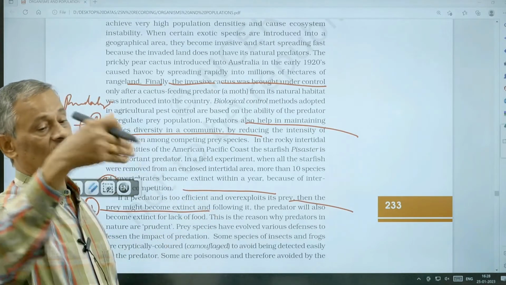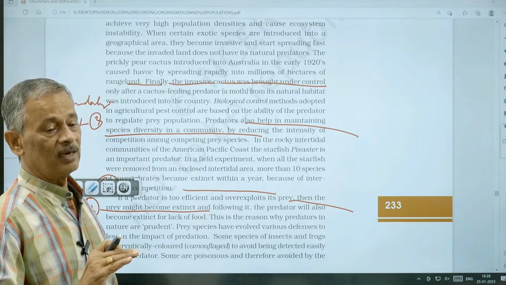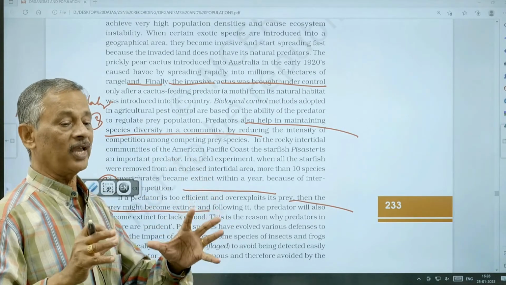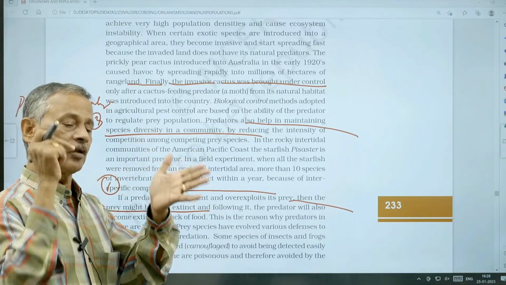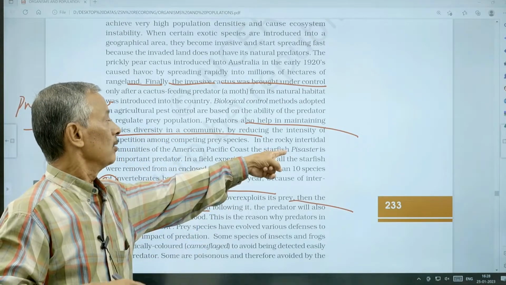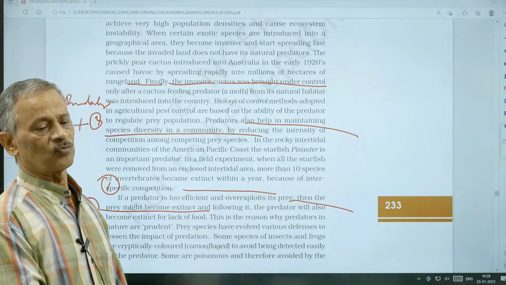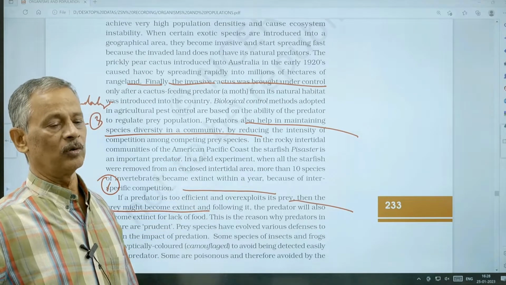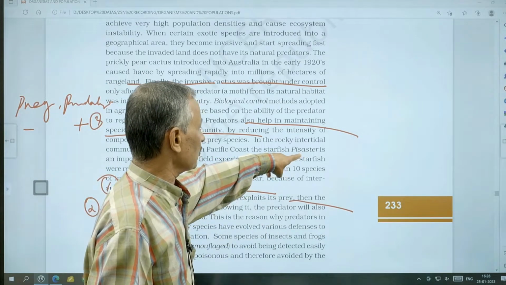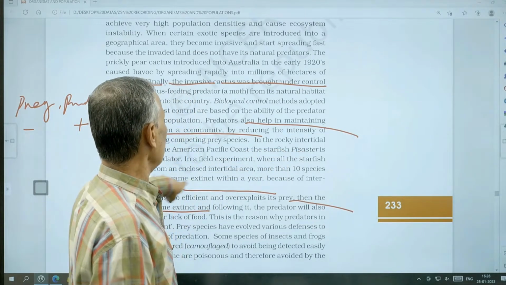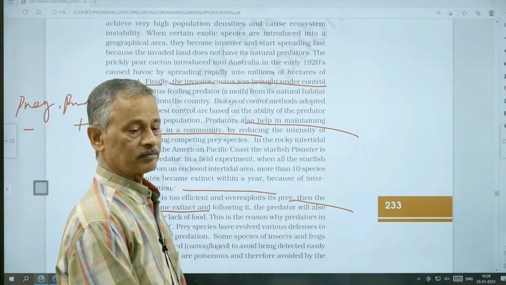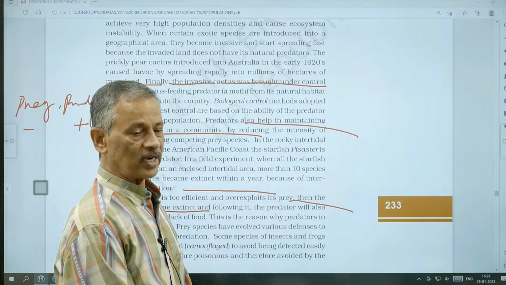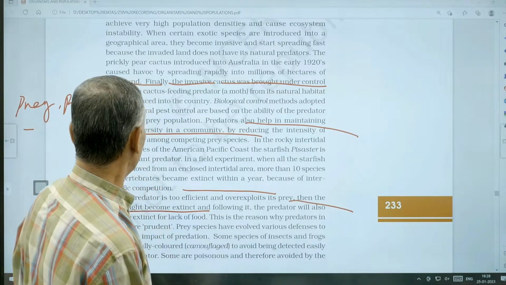When that was removed from an area, in a research, it was found that within 1 year, 10 invertebrate species on which the starfish was feeding were completely removed. So only because of the presence of a predator, the prey population was maintaining diversity. Different varieties of prey population were existing.